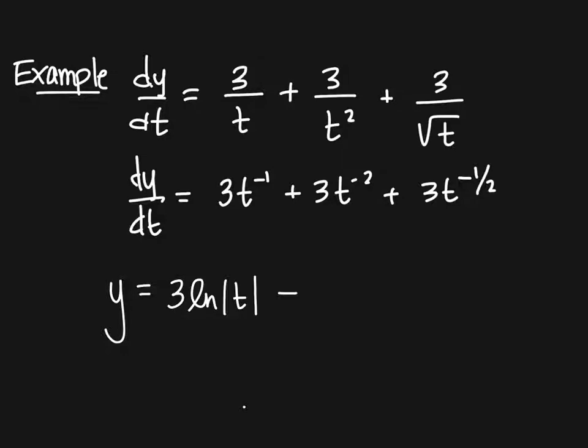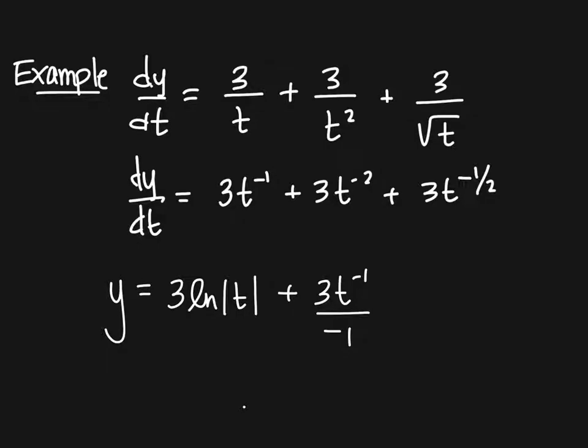The rule for the second one, plus, now I'm going to have just my regular power rule, where I'm going to increase the power and divide by the value of the new power. So this will be 3t increased to a negative 1 dividing by negative 1. Do we have to add c?